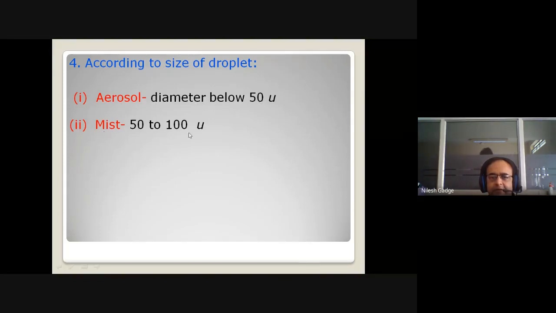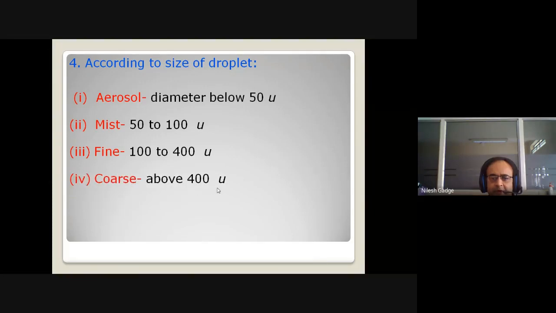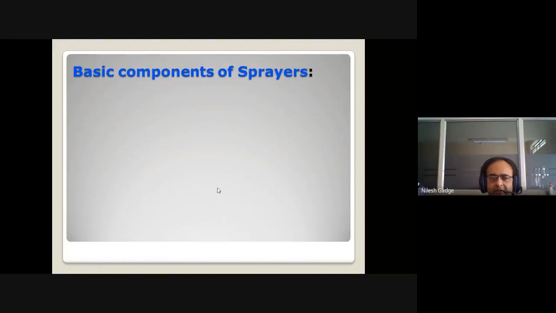Then mist type blowers or mist sprayers, where the size of the droplet is 50 to 100 micron. Then the fine sprayer, with droplet size 100 to 400 micron. Then the coarse sprayer, above 400 micron. So we have seen the detailed classification of the sprayers.